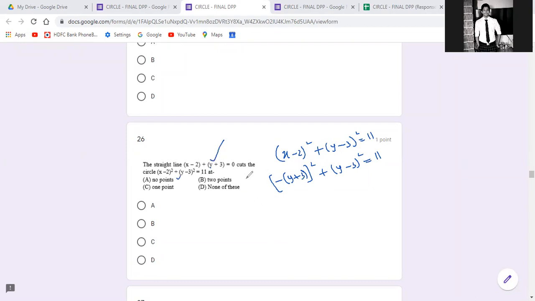How to solve the equation of a line with the equation of a circle? Eliminate one of the variables. If you expand this, 6y will get cancelled. 2y square equal to 18 minus 11. How much is 18 minus 11? 7. So y square cannot be negative.